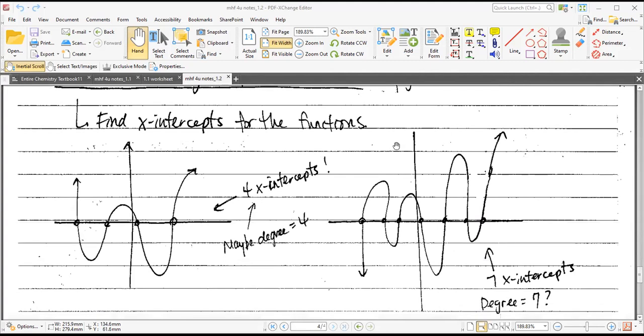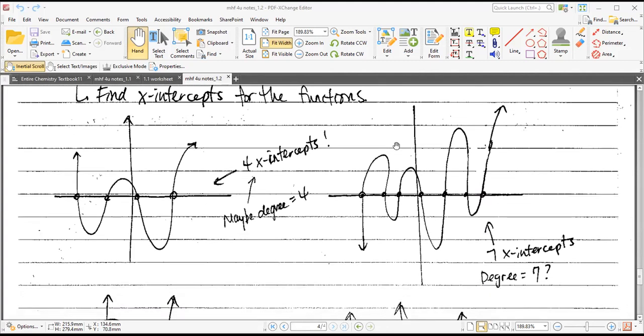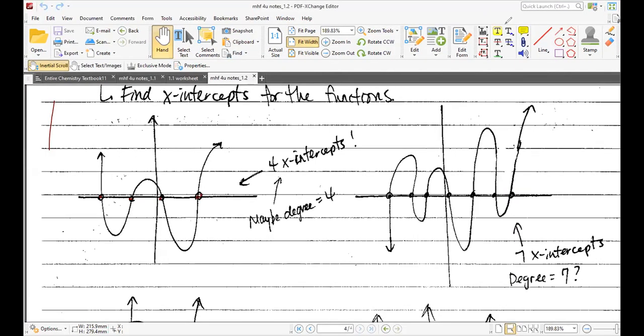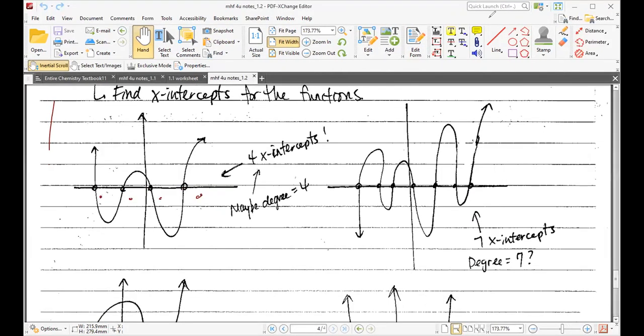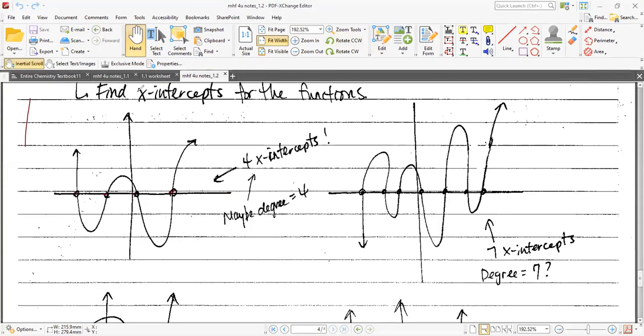So the next thing is predicting the degree from the zeros. See here, how many zeros do we have? Here is 1, 2, 3, 4, right? And remember, y is equal to x, the power of x here is 1.